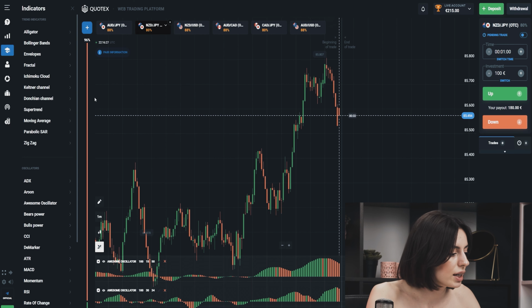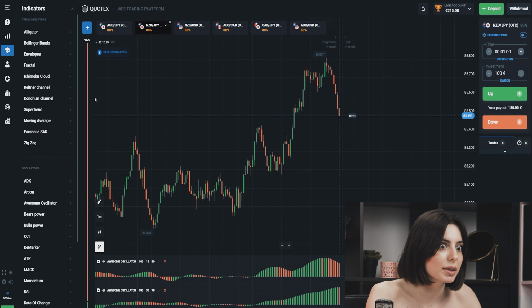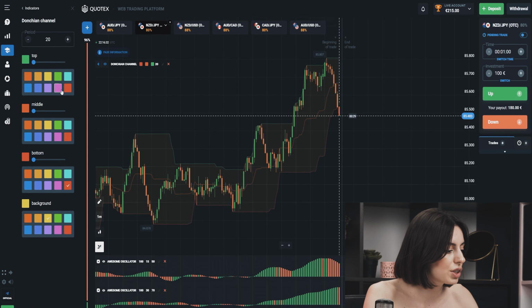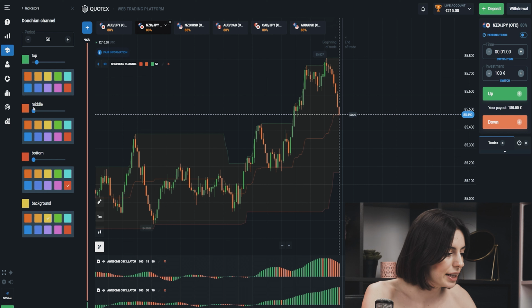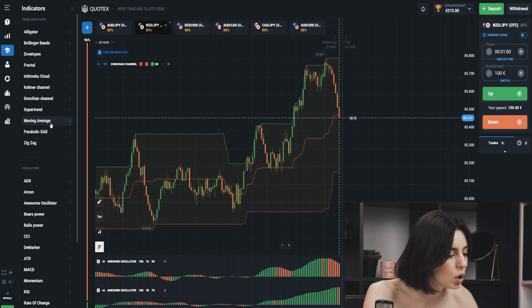And the third one, the little complication here, is gonna be the Donchian channel. Here we are also changing the period and the thickness. Here you may see there are gonna be 2 indicators below the chart and one just a little bit upper.